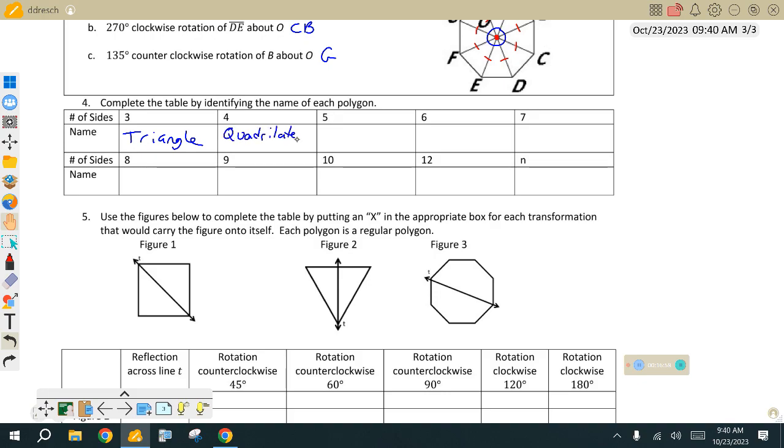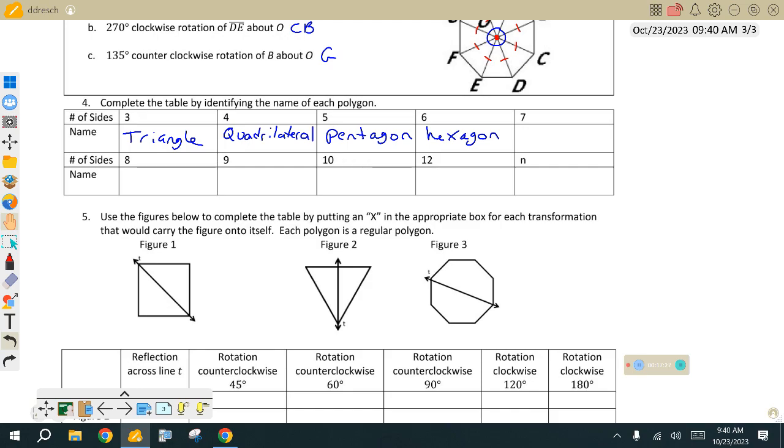In general, it's called a quadrilateral because we also have a rhombus, and we also have a trapezoid, and we also have a kite. So in general, we have quadrilaterals. I know that's the tricky one every year. 5-sided is a pentagon. 6 is a hexagon.